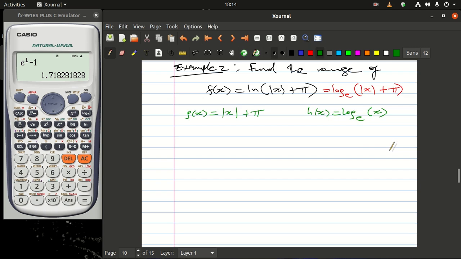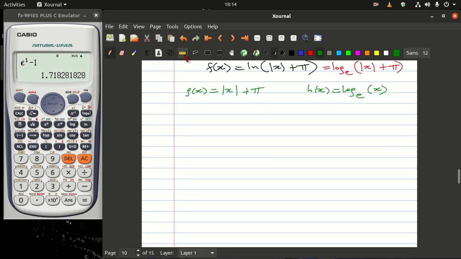Now, if you look into this, the next step is very obvious because I want you to plot both the two curves, this one, and I also want you to plot that one. So this is going to be the curve like this. This is going to be the curve like this.